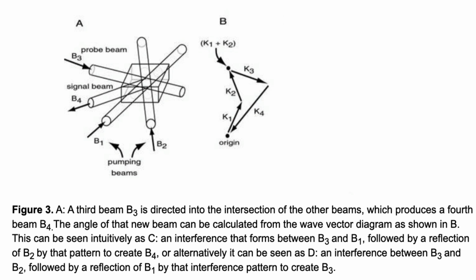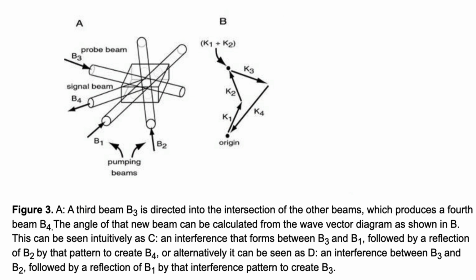Again, this is dictated by the phase matching constraint, whereby the only waves that will emerge are those that reinforce each other constructively, and the reciprocal wave vector diagram helps identify the conditions under which that constraint is met. If the pumping beams K1 and K2 remain fixed, then whichever way the probe beam wave vector K3 is directed from the point K1 plus K2 in the vector diagram, the conjugate beam will always return back to the origin, as shown in Figure 3b.